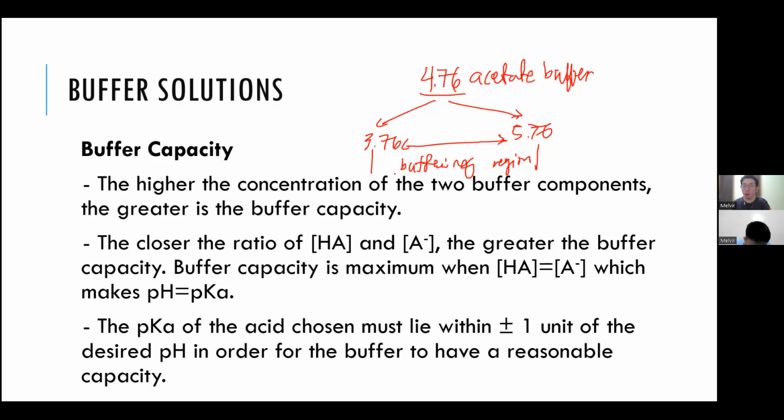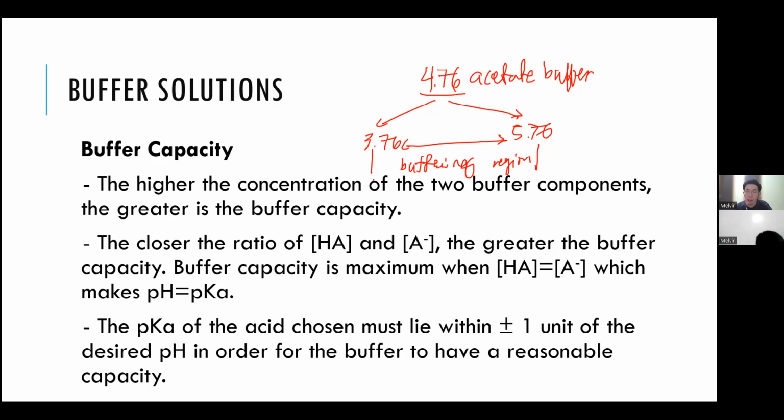Normal na solution na lang siya na may acetate, kaya pag nilagyan mo ng strong acid or strong base, mabilis magbabago ang pH. So ang clue dito, Joshua, bawat buffer will vary depending on your target pH.